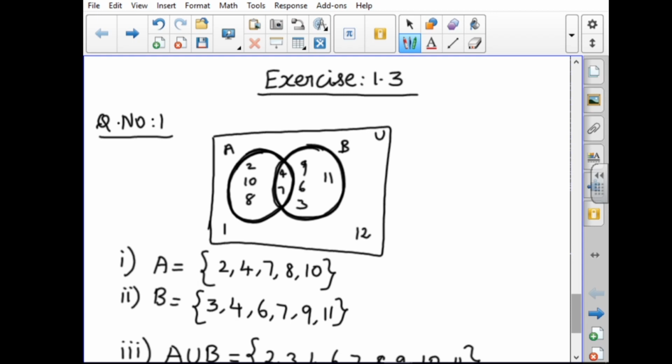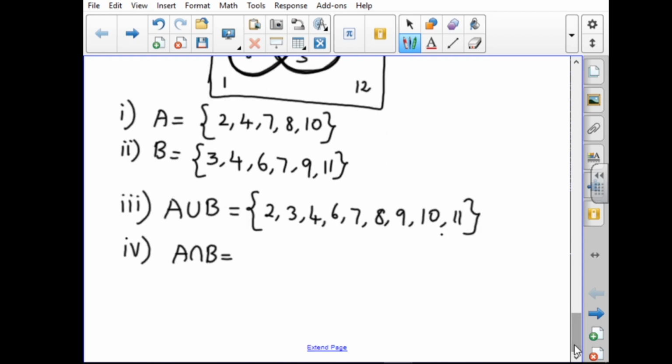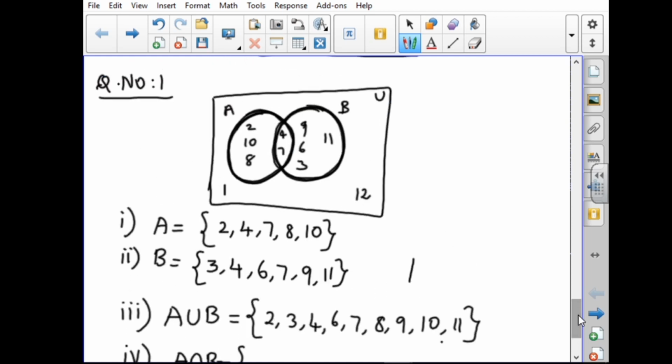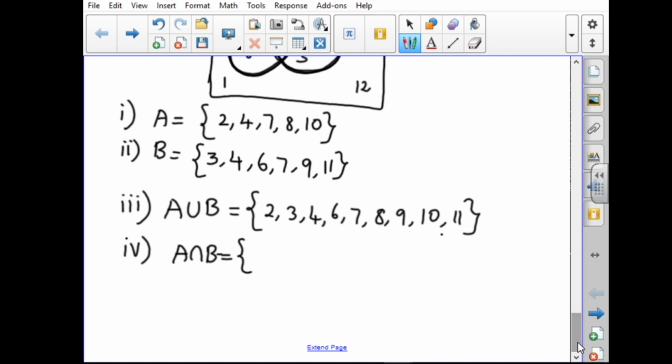You can use the Venn diagram, or otherwise use the A set and B set we already found. So A intersection B is equal to 4, 7.